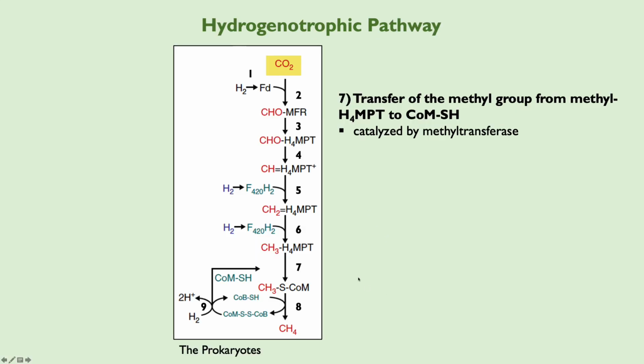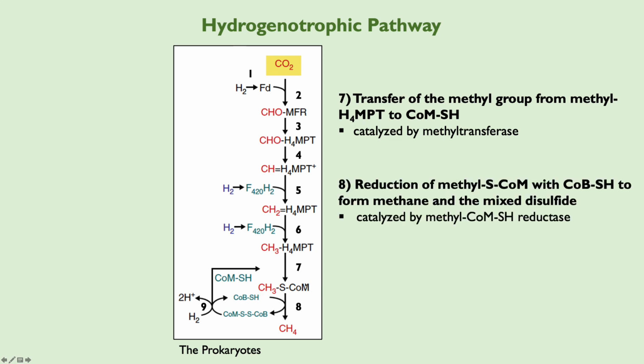Okay, and then the final 3 steps of this pathway, 7, 8, and 9, is where we actually see methane production. So in step 7, we have transfer of the methyl group from H4-MPT to this coenzyme known as coenzyme M. And then in step 8, we have reduction of the methyl group within coenzyme M, or methyl coenzyme M, reduction of this methyl group to methane by coenzyme B. And this also forms this mixed disulfide, which is shown here.